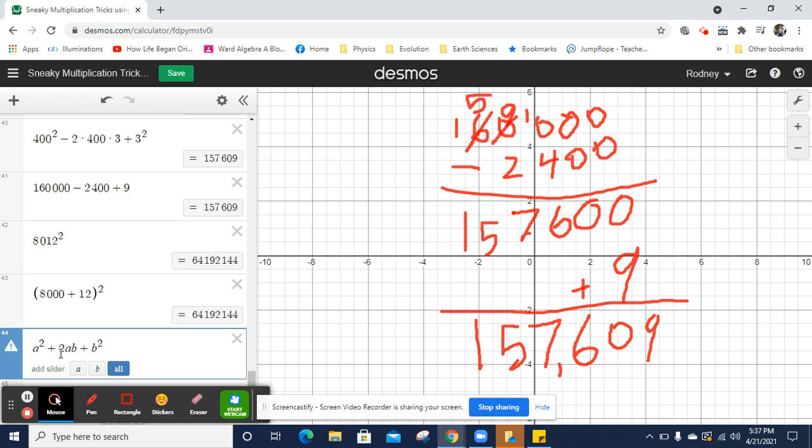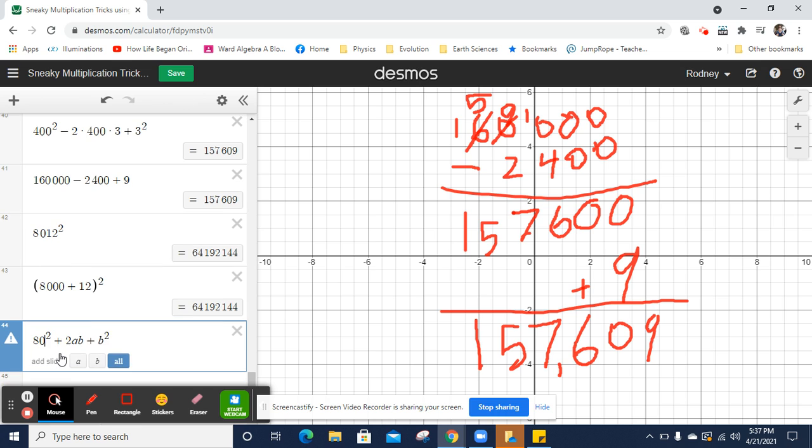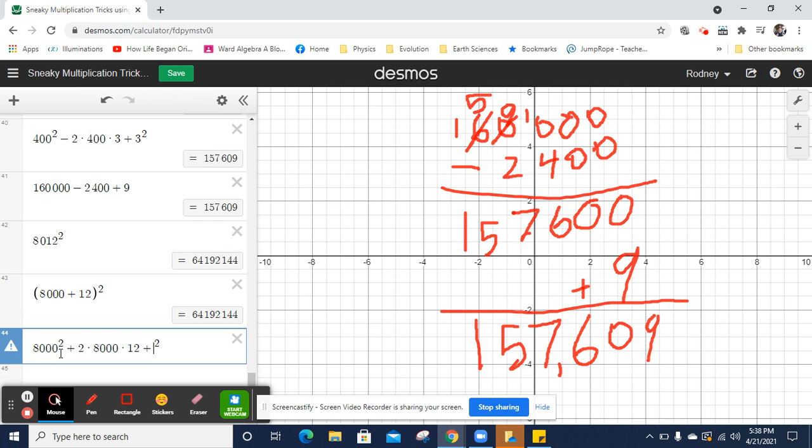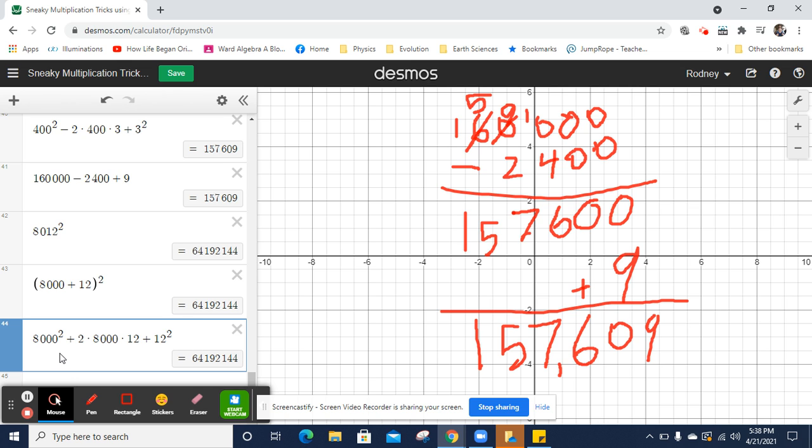That's my structure. So I'm just going to start replacing letters. So a, wherever a shows up, is going to be 8,000. And wherever b is, I'm going to replace that with 12. So times 12. That'll be 12 squared. Okay, so I'm going to get ultimately 64,192,144.